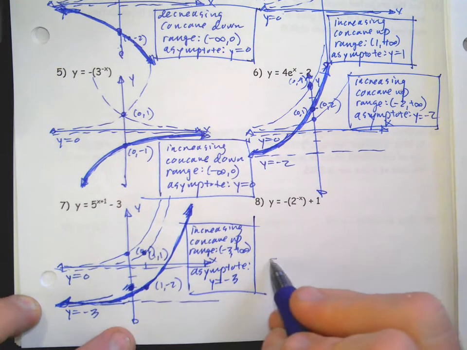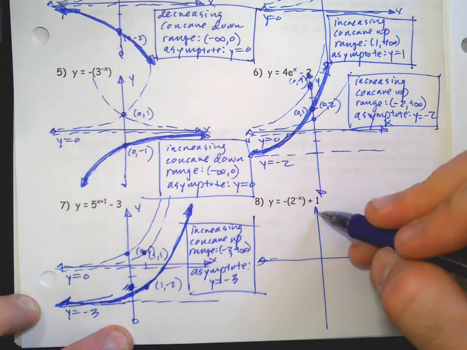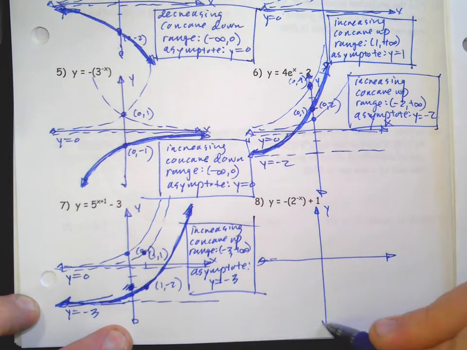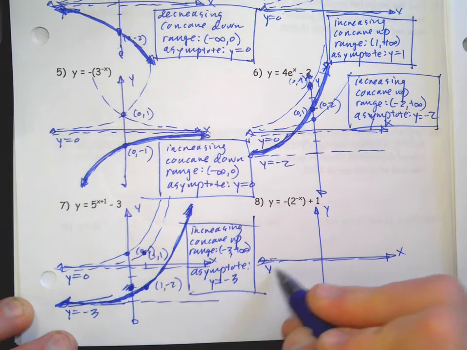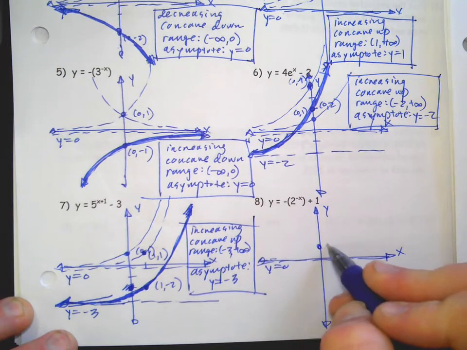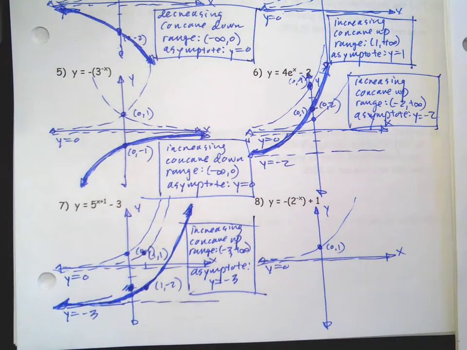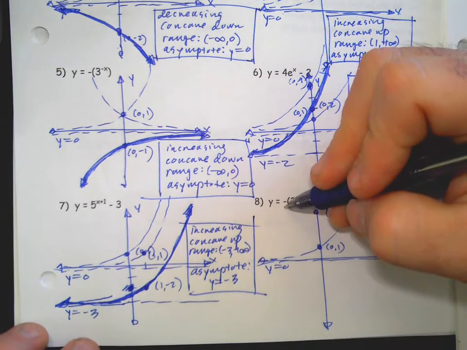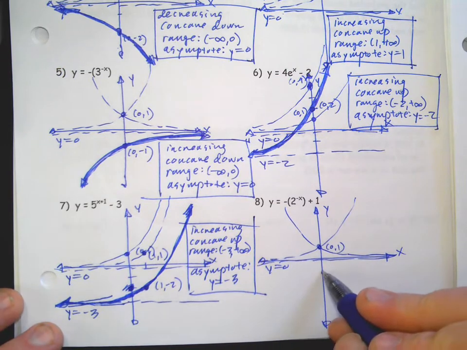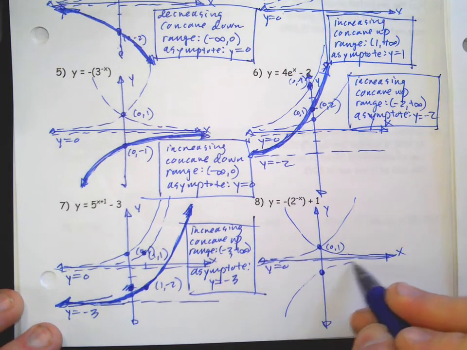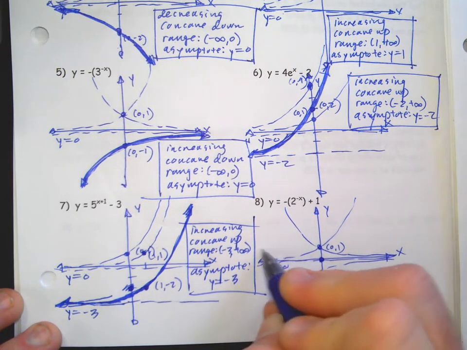Okay, last one. Start with the parent function, y equals 2 to the x, horizontal asymptote y equals 0, y-intercept 0, 1. The negative on the inside flips it across the y-axis. The negative in front on the outside flips it upside down. So now we're at 0, negative 1, and the plus 1 moves everything up 1.